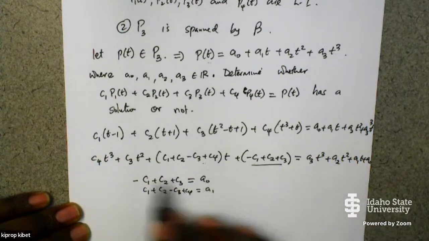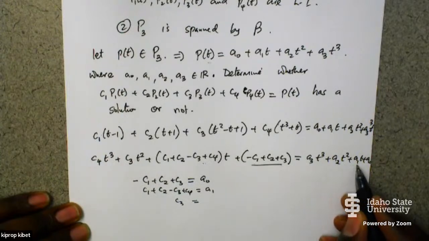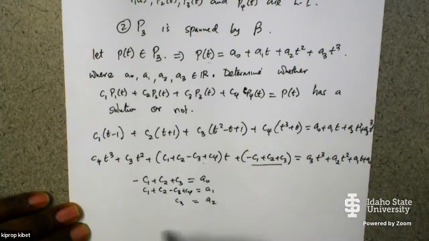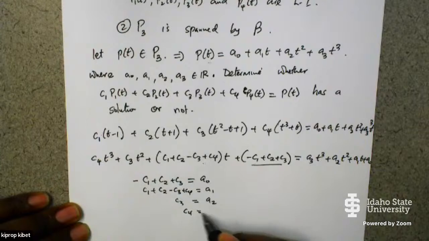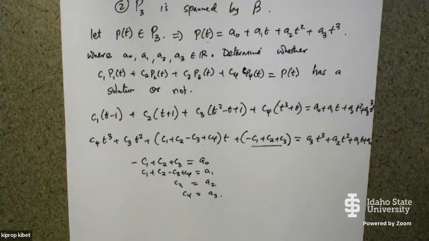For T square, C3 equals A2. And for T cube, C4 equals A3. So we now form equations, and we want to check whether these give us solutions.